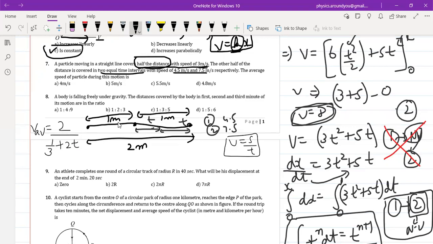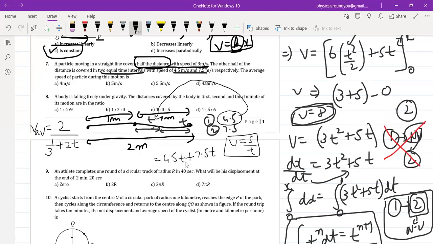I don't know anything about t. How to get information about t? Well, we know the distance covered in the first half t is speed in the first half multiplied by t. So 4.5t is the distance covered in the first half. In the second half also, it is 7.5t.